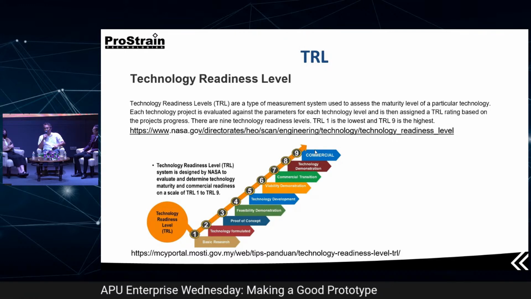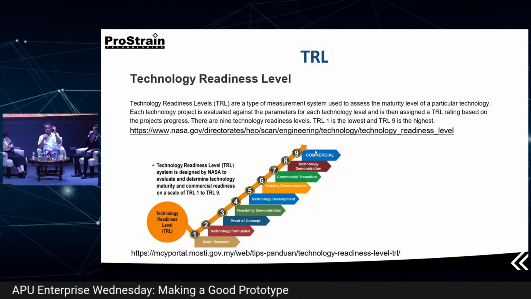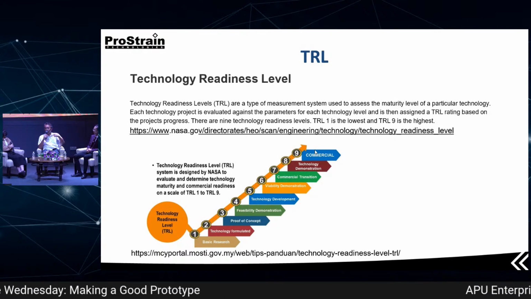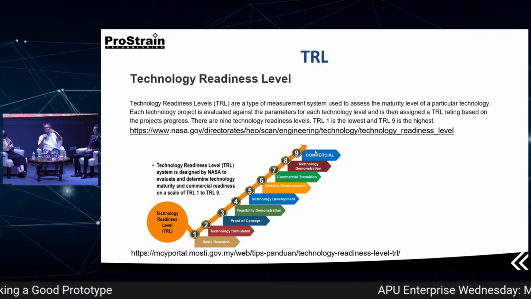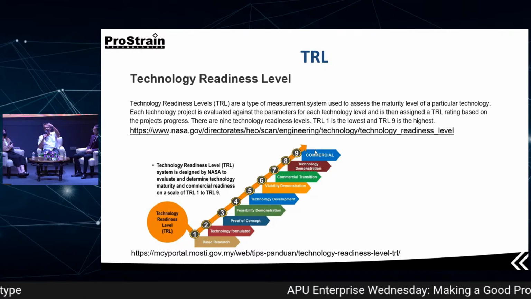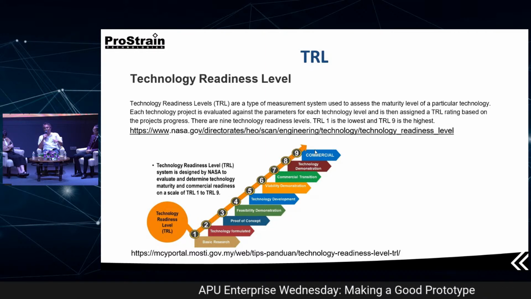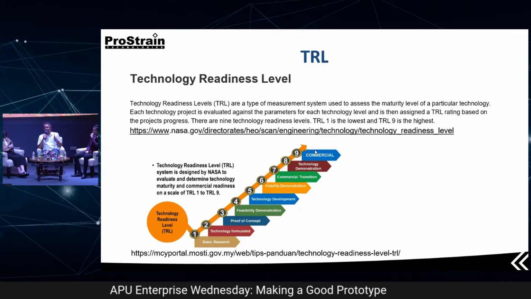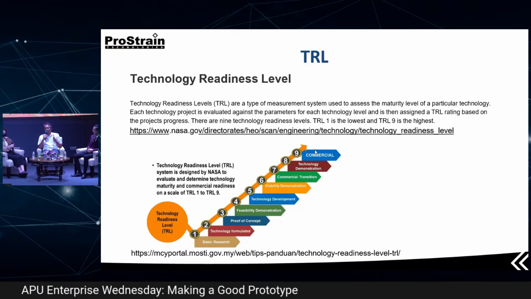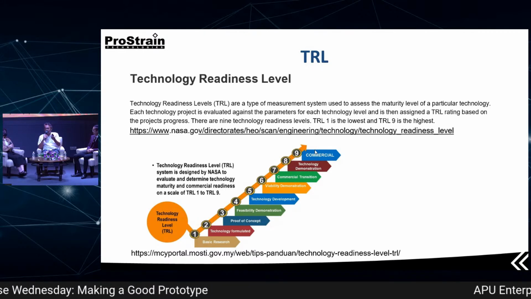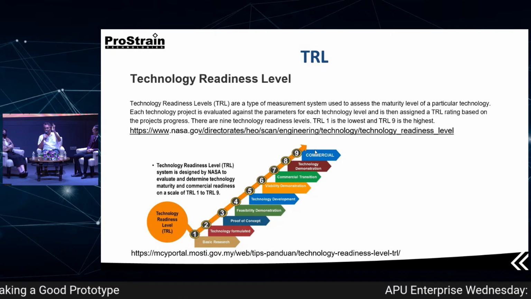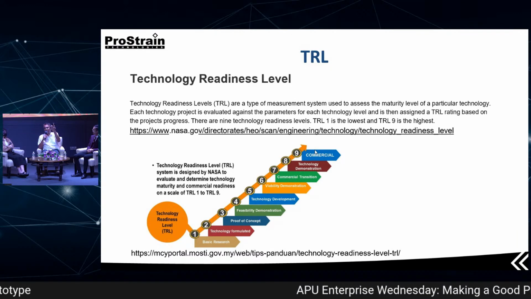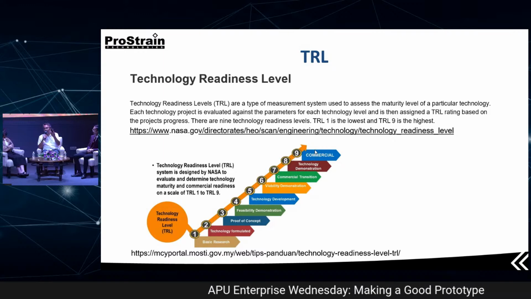But a prototype can go from TRL 1, climb to 2, 3, 4, until 8. Sometimes, if you are good enough as a team doing the prototype, you can jump. My prototype has already achieved TRL 4, TRL 5, TRL 6.